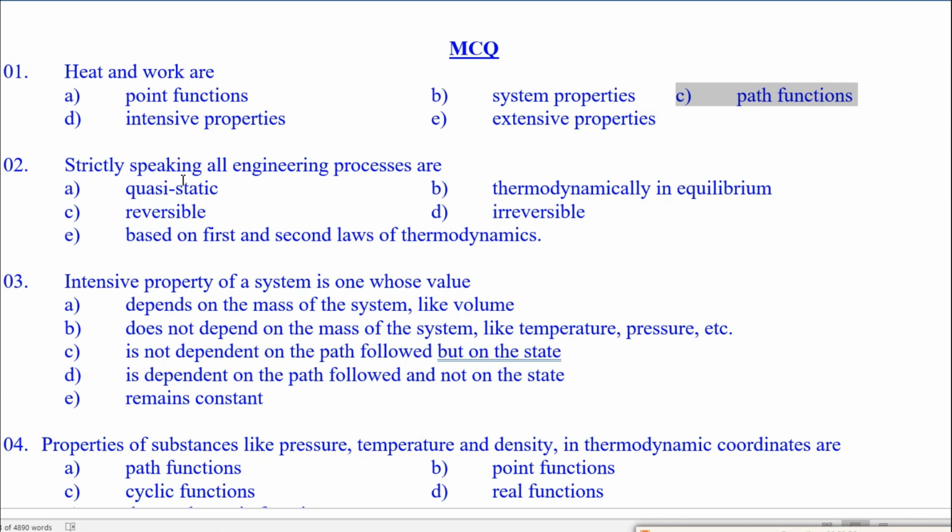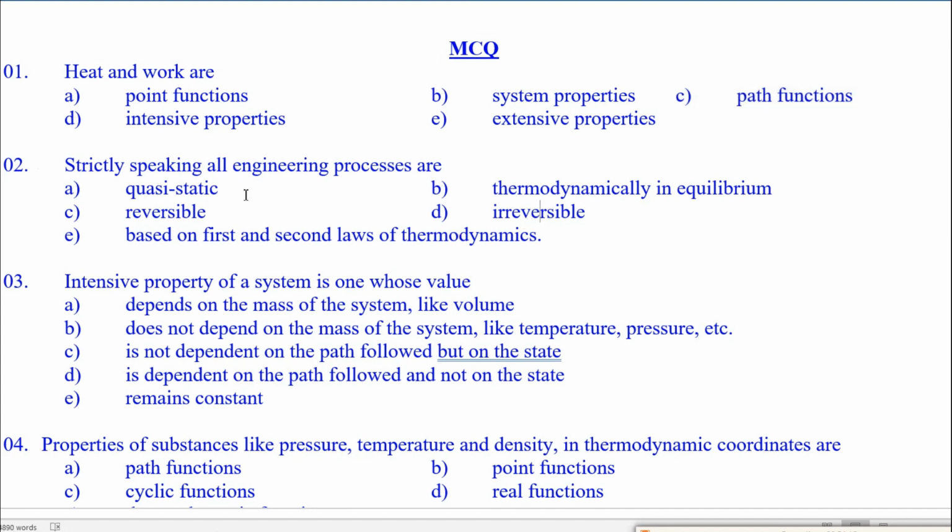Question 2. Strictly speaking, all engineering processes are quasi-static, thermodynamic in equilibrium, reversible, irreversible, based on first and second laws of thermodynamics. It will be irreversible.